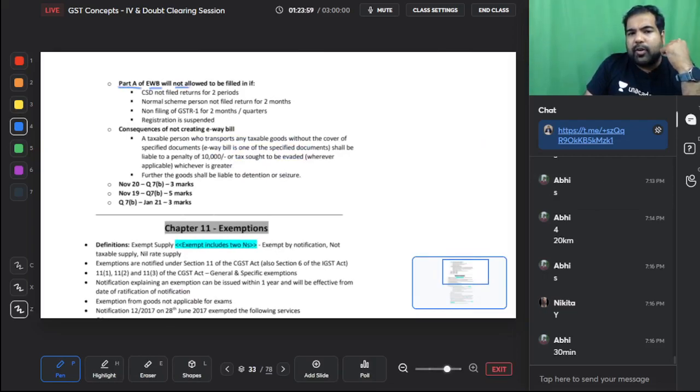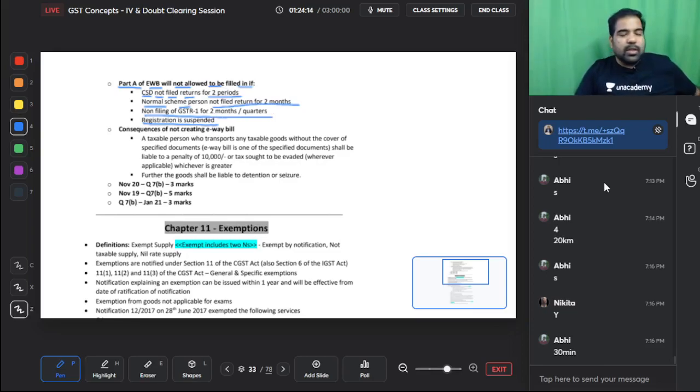Part A of the e-way bill will not be allowed to be filled if the composition scheme dealer has not filed the return for 2 periods. If the normal scheme, regular scheme person has not filed the returns for 2 months, or registration has been suspended, or the GSTR1 is not filed for 2 months or 2 quarters. So basically, not filing return by regular persons, composition scheme person, not filing GSTR1, and registration being suspended.